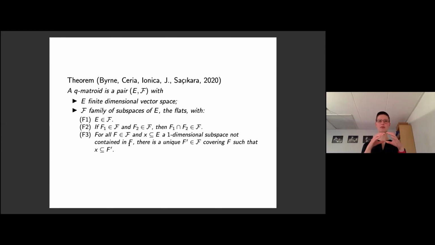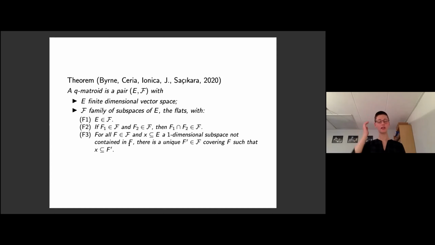It says if I have a flat F and I have a one-dimensional subspace x outside the flat, then there is a unique flat F' that contains x and contains F, and it's actually a cover of F. So that means that there are no flats in between F and F'. And this is the same thing as saying if I take all the flats covering F, they partition everything that's left. But you sort of have to say it in the right way for the q-analog to make sense.